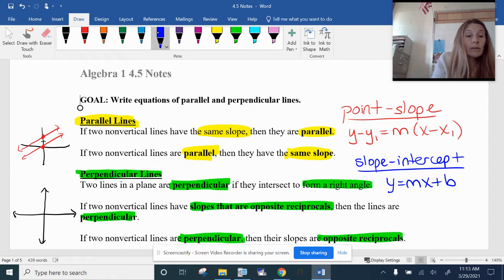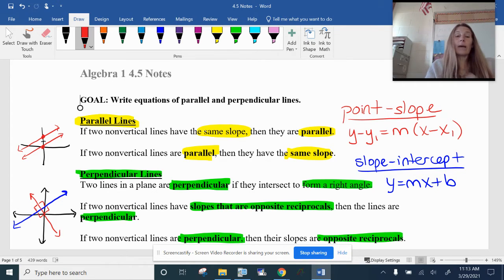Now, as far as perpendicular lines are concerned, if I have one line that's perpendicular to another line, making that 90-degree angle, notice that one of my lines is positive. In this case, this blue line would have a positive slope, and the other line would have to have a negative slope. There's no possible way for two lines to be perpendicular without having that negative and that positive.